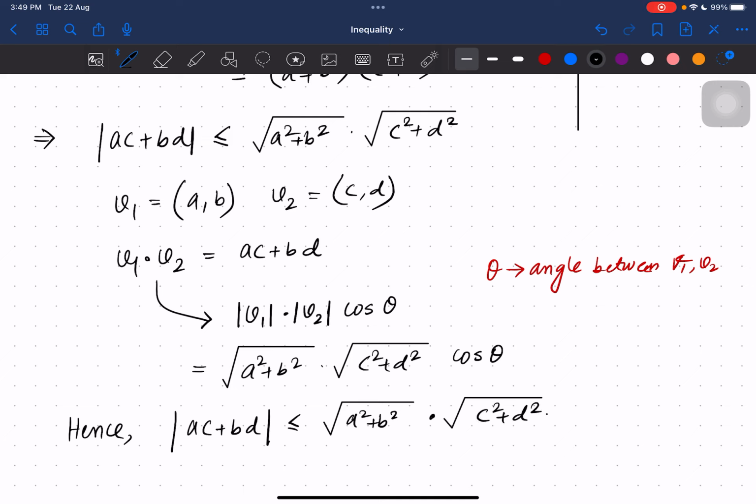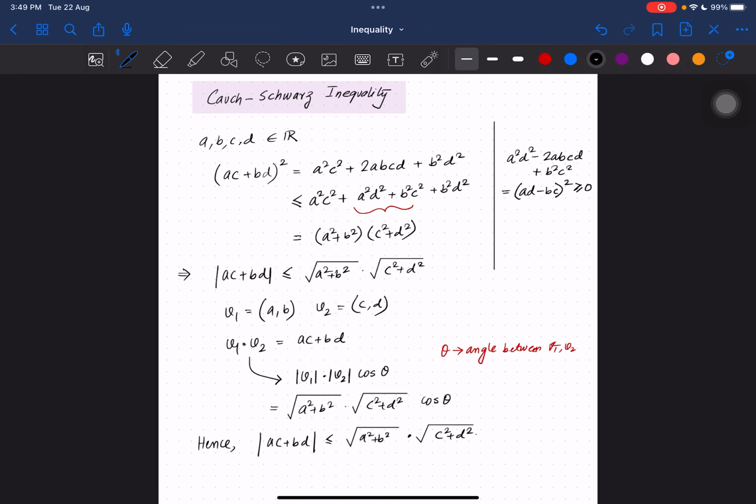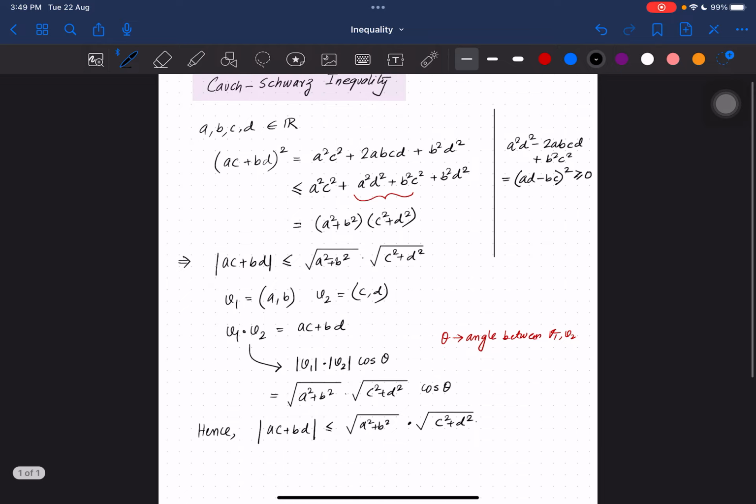So this is the easiest case of the Cauchy inequality, where we are doing two terms in two dimensions. So now actually we can generalize this Cauchy inequality.